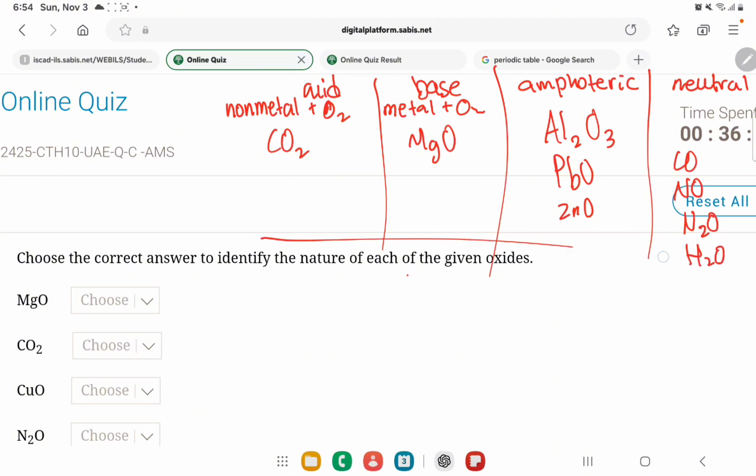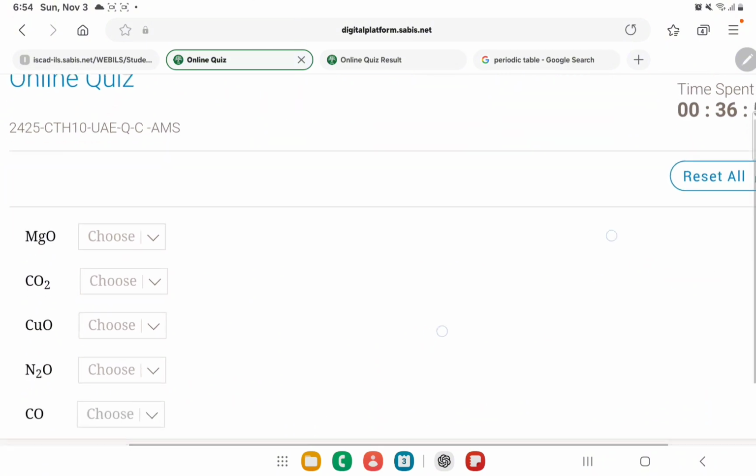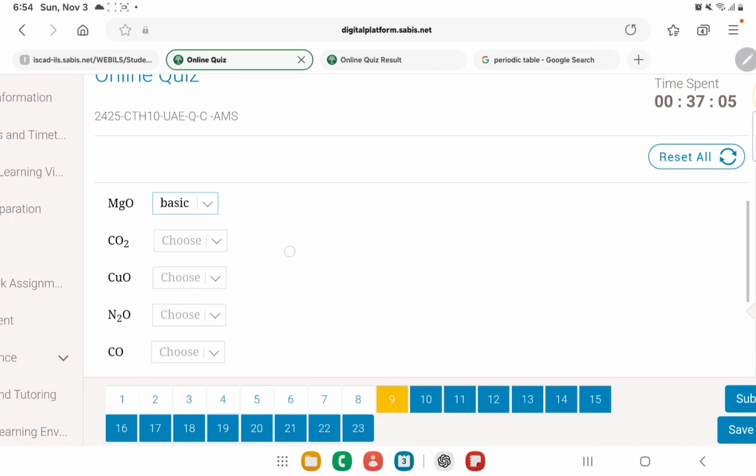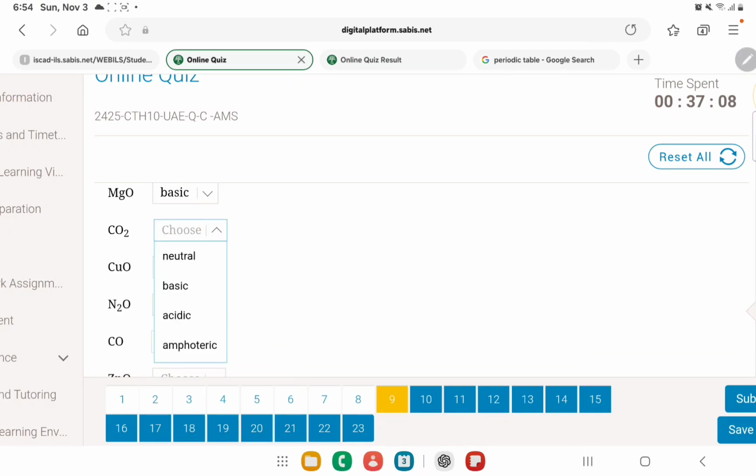Okay? Acid reacts with base, base reacts with acid, amphoteric reacts with both, neutral reacts with none. So let's check the question. MgO, we know Mg is metal oxide, basic. C is non-metal, so non-metal and oxygen, acidic.